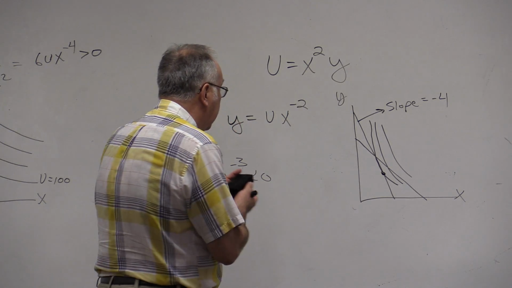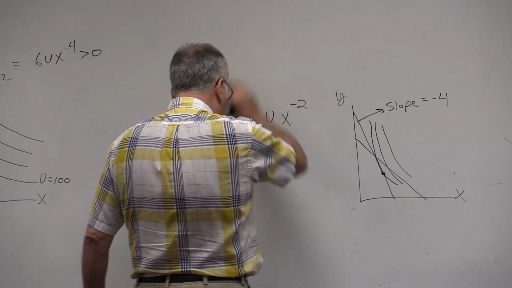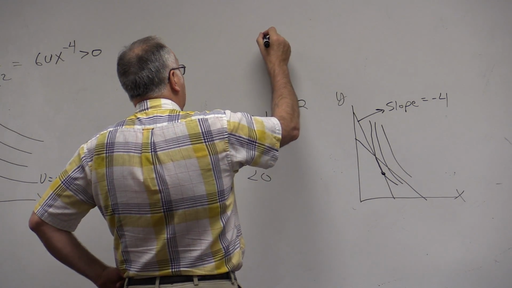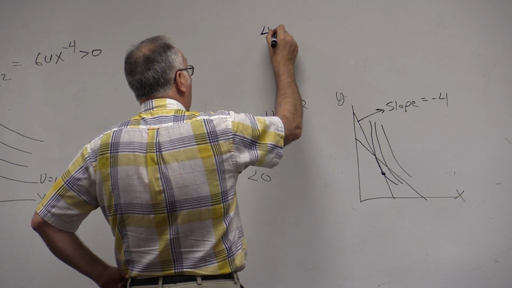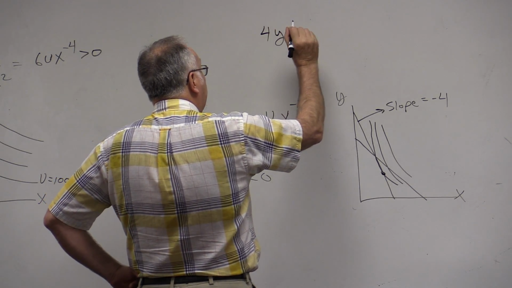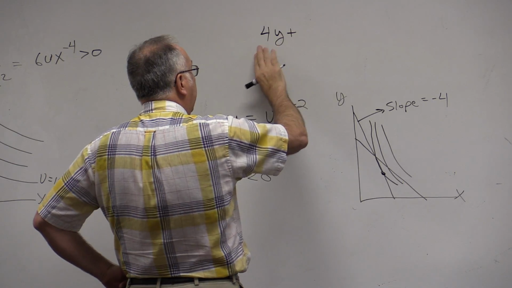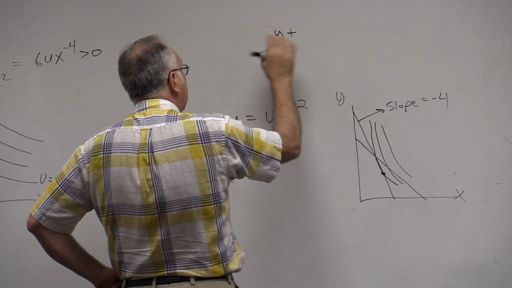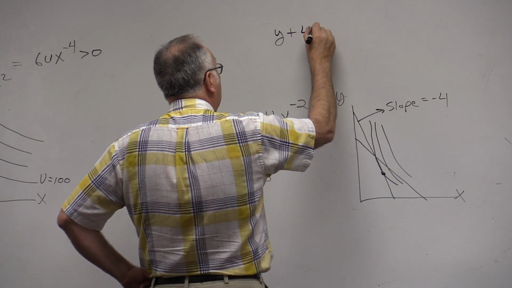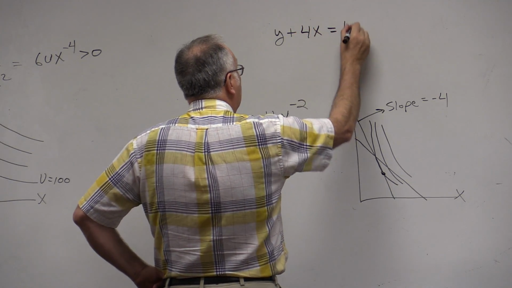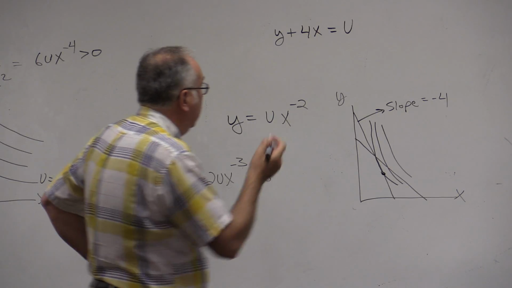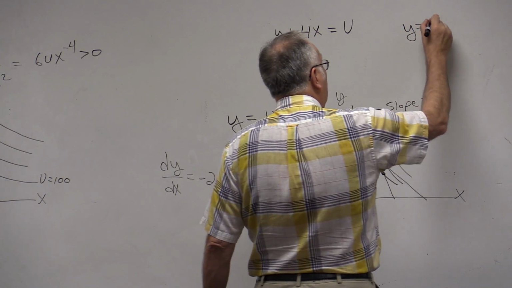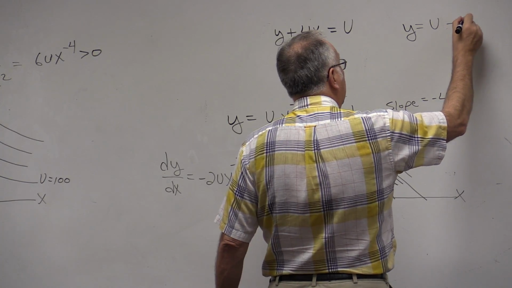Suppose, Ian or Jacob, your utility function is just y plus 4x. Then your indifference curve would be y equals u minus 4x.